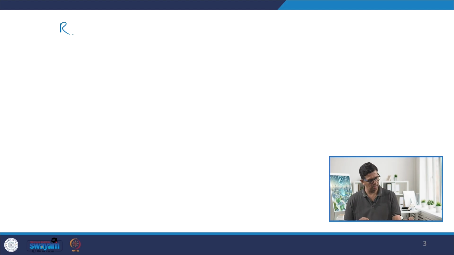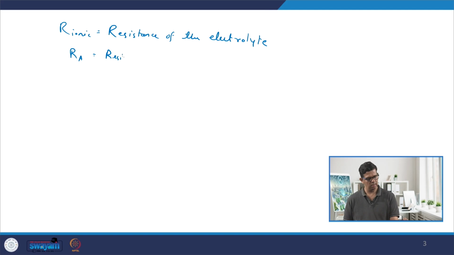Let me write this. R ionic is basically the resistance of the electrolyte, which we have seen before, and Ra is the resistance of the anode. This is the material resistance, which in turn talks about the electrical resistance of the diffusion layer and so on. Similarly, we have Rc, which is the resistance of the cathode.